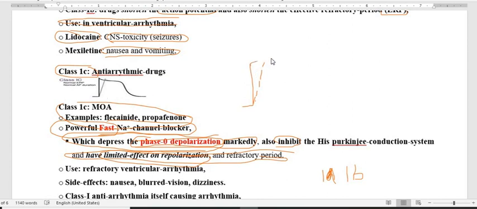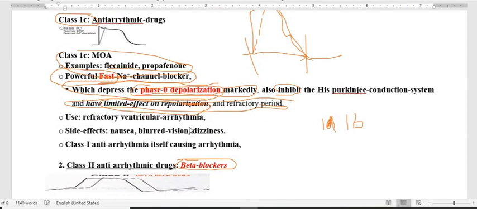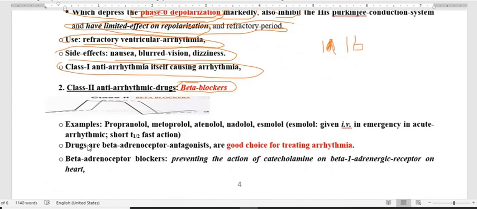So this is the initial graph, and finally you will get the same graph. So there is no change of the action potential in 1C, and the drug is used for refractory ventricular arrhythmia, and the side effects of the drug are nausea, blurred vision, and dizziness. The class 1 antiarrhythmic drug can itself cause arrhythmia. So this is all about the class 1 drugs.